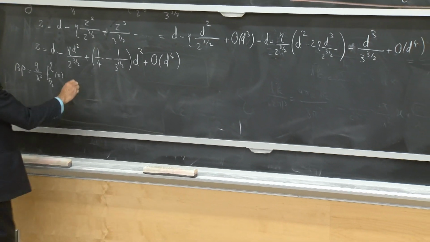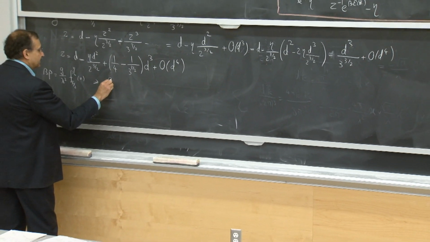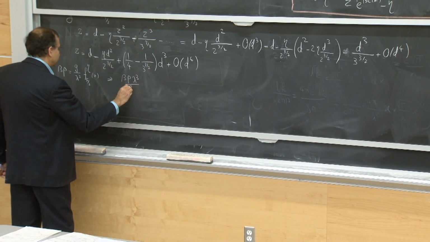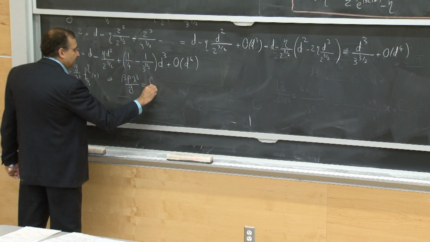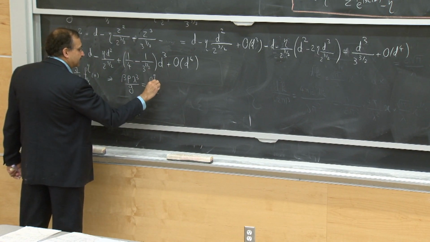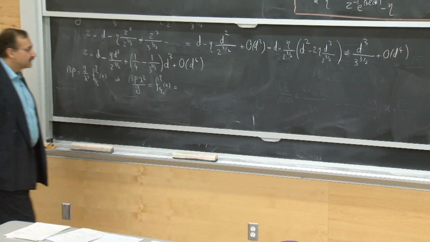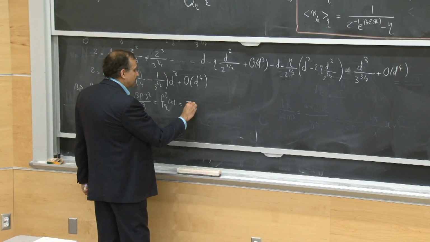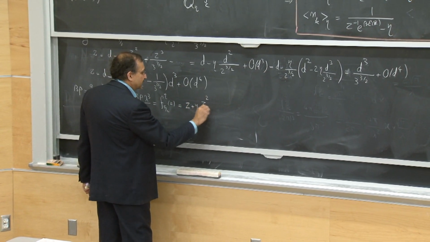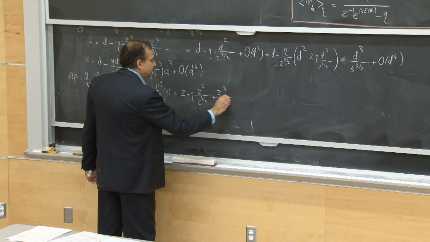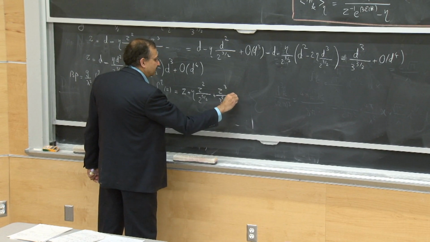So reorganizing this a little bit, the dimensionless form is beta p lambda cubed over g, f5 halves eta of z. f5 halves, we can make an expansion. It is z plus eta z squared over 2 to the 5 halves plus z cubed over 3 to the 5 halves, and so forth.